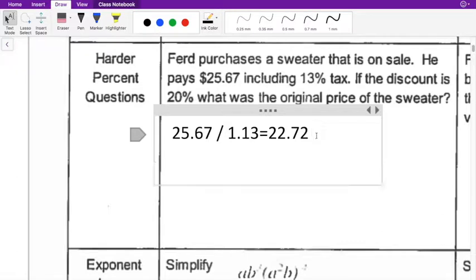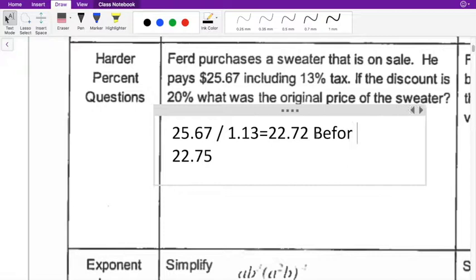Now we know that price was the price with the 20% discount. To do the 20% discount, we would have timesed it by either 0.8 to get the price, or times it by 0.2, then subtracted that from the original price. But since we want to go backwards, we're going to times it by 1.2, as in 20% discount plus the original price.